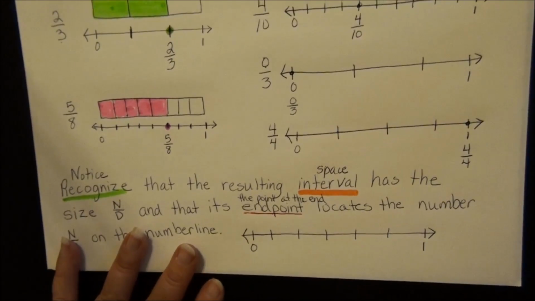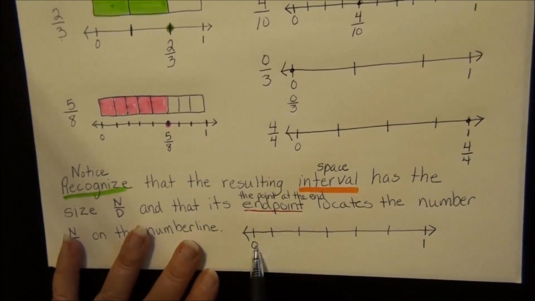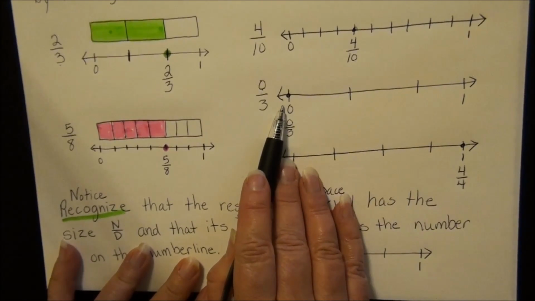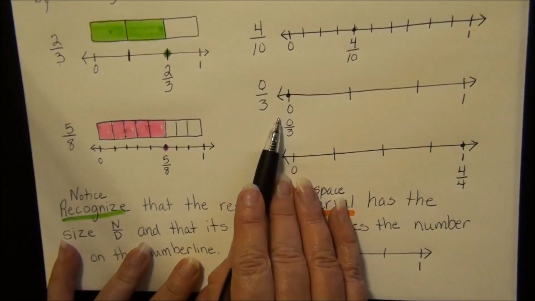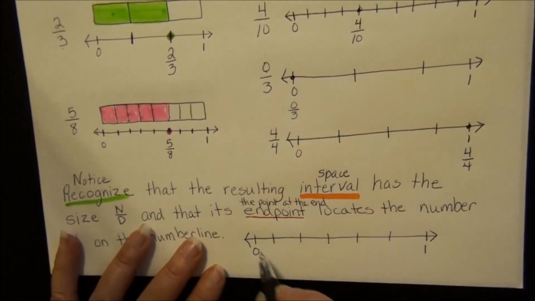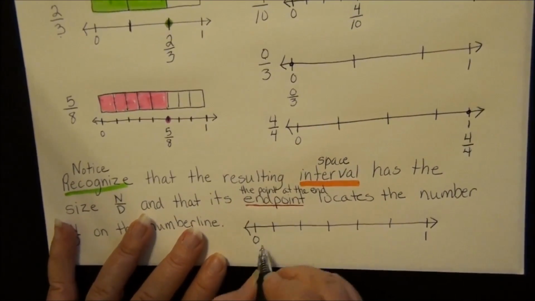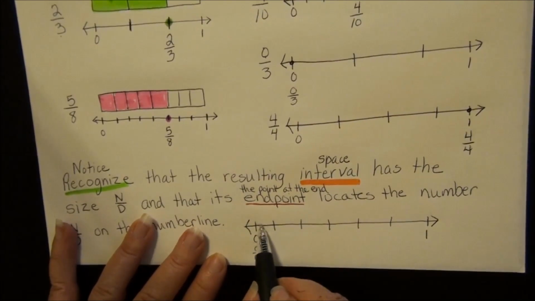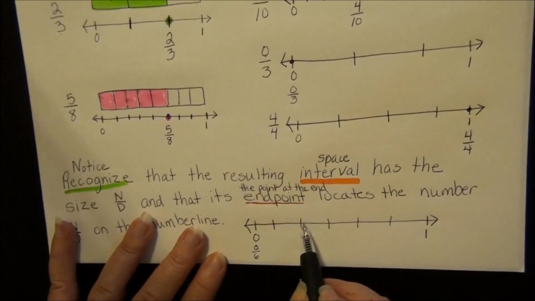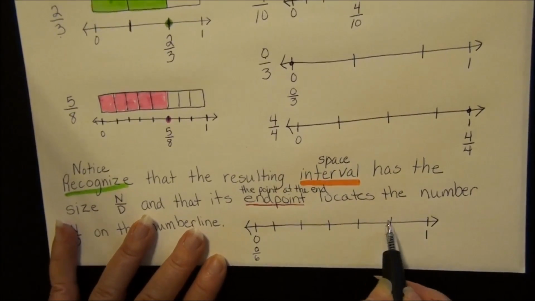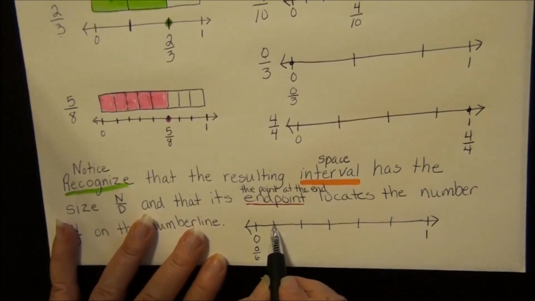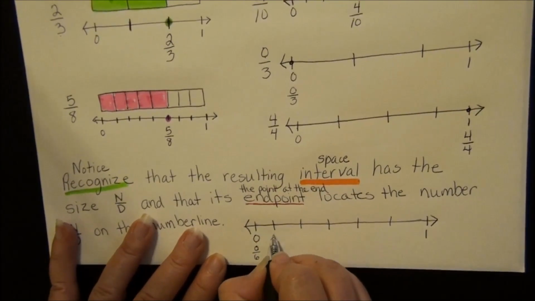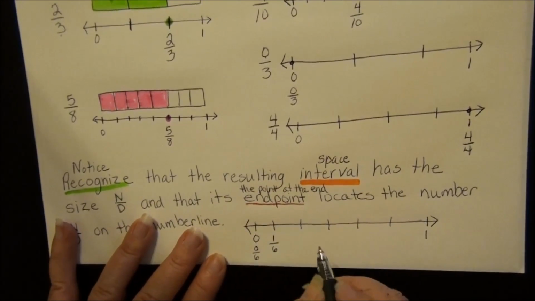It's math, not art. Okay, and so I know from up here that 0 is the same as 0 out of 3. So here, 0 would be the same as 0 out of 6, because it's 6 equal parts. 1, 2, 3, 4, 5, 6 equal parts. One part, the first part, is 1 out of 6.